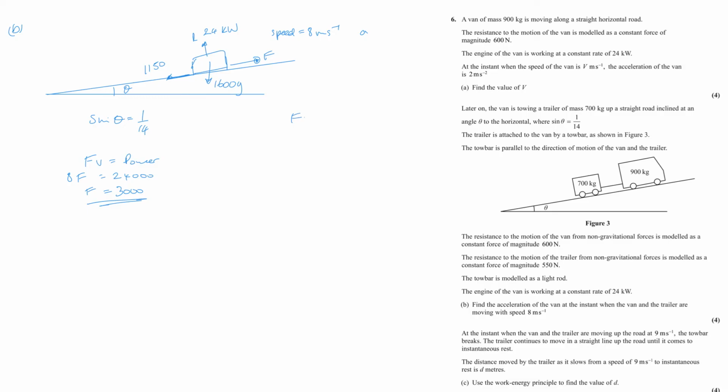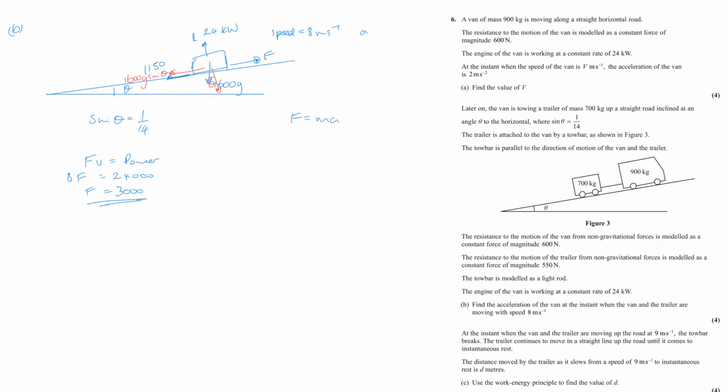So F equals MA, because this is 1600 G. That's theta there, so this is 1600 G sine theta. So that's the difference there.